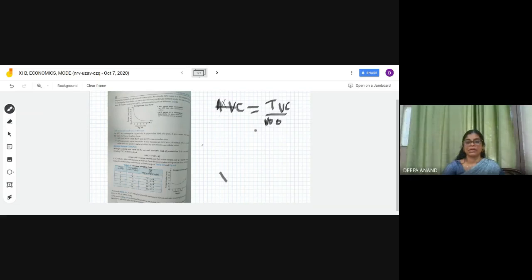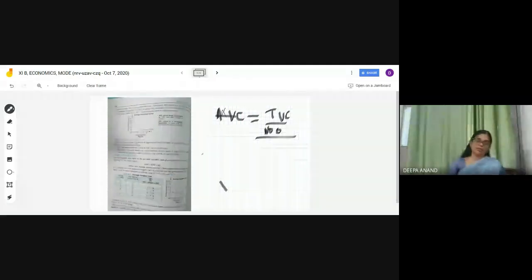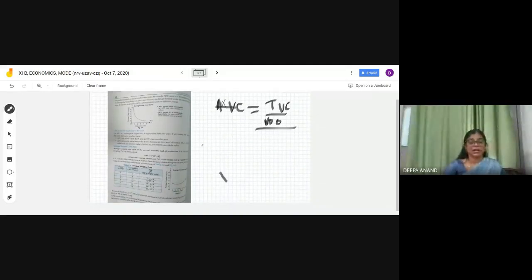And you have a schedule with you for the total variable cost. Next to that, find out the average variable cost also. Make another column and divide every total variable cost by the output. There you will get average variable cost.